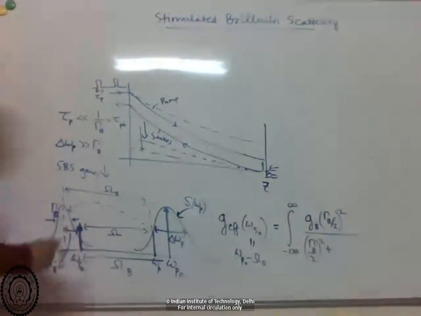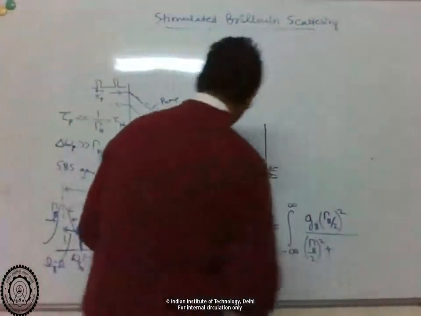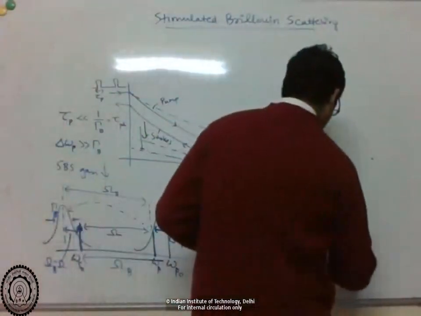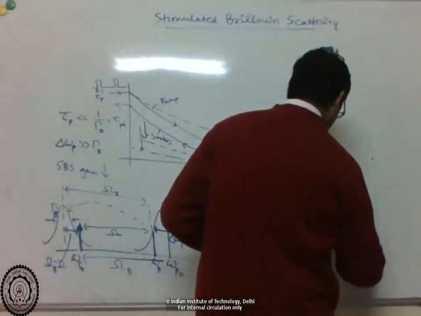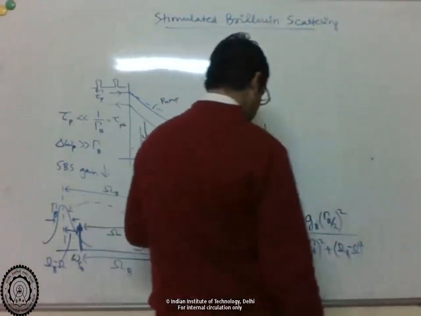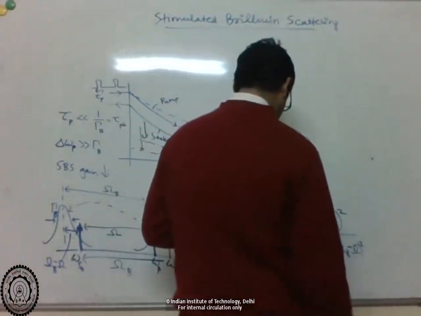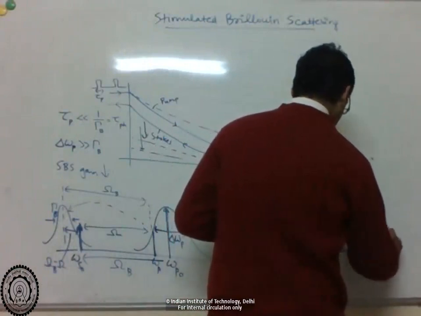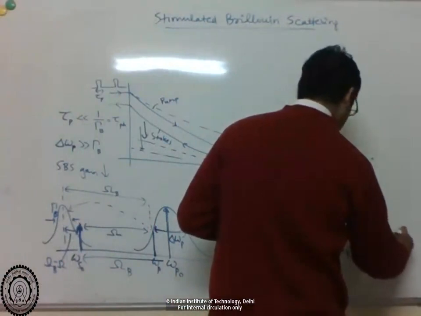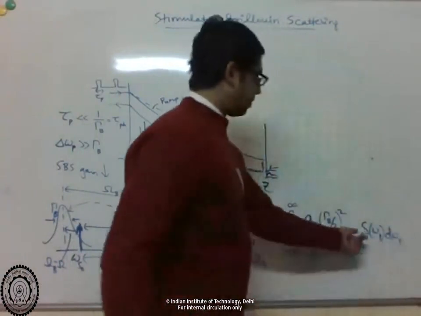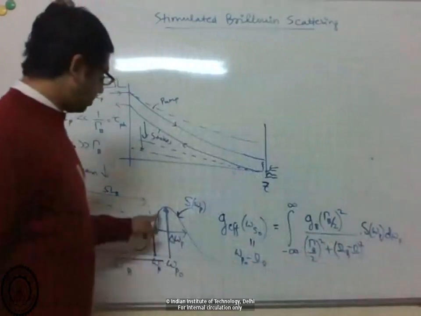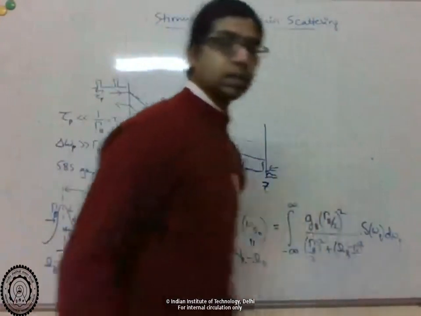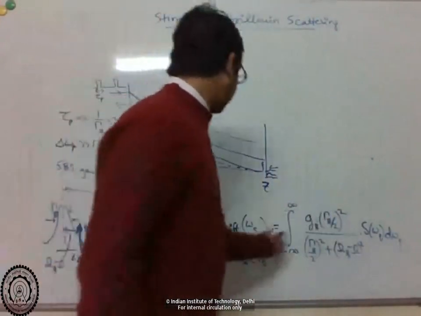And then here comes the detuning part, that's omega b minus omega. Then I weight it with the pump amplitude at that frequency and integrate over the pump frequency. So that would be the effective gain.